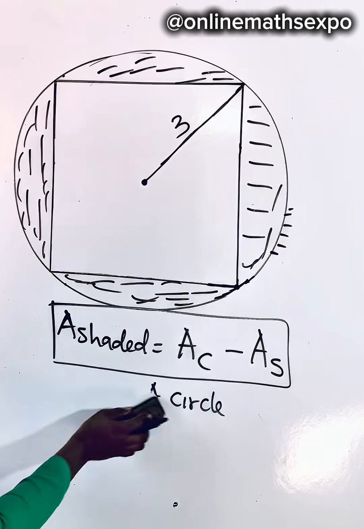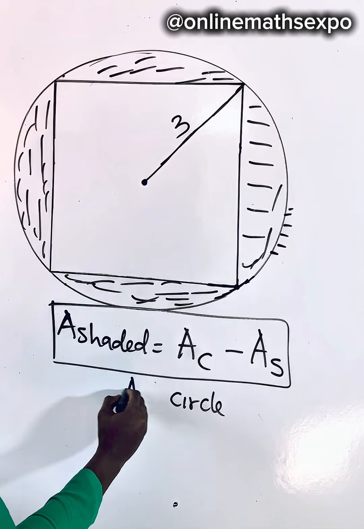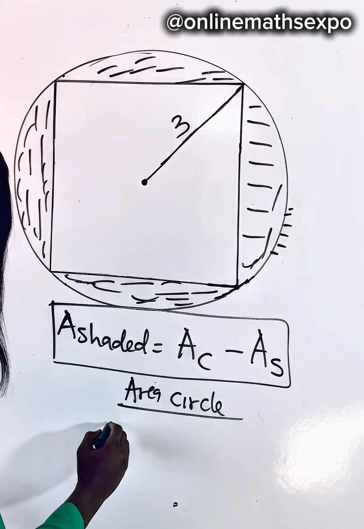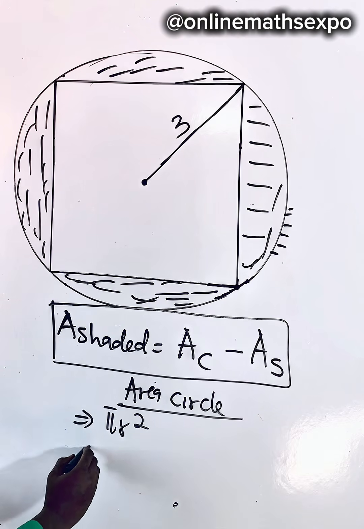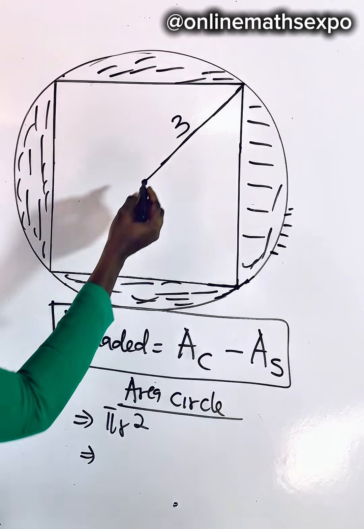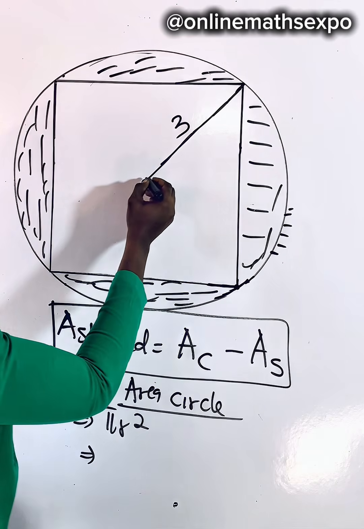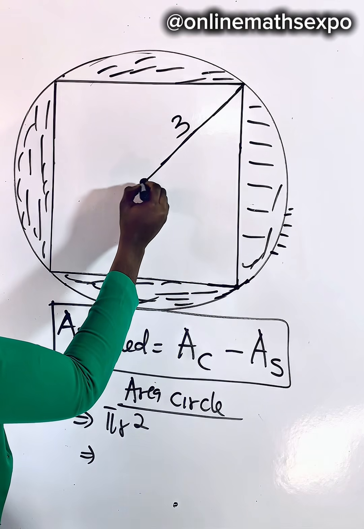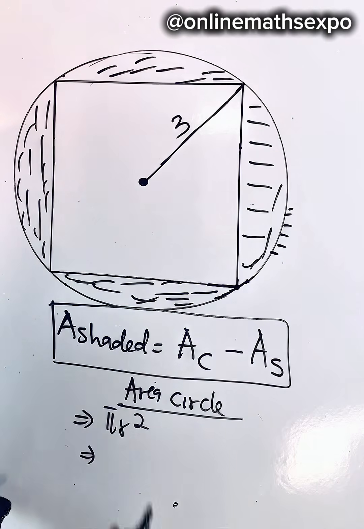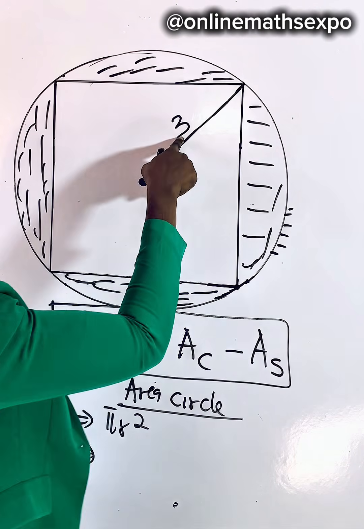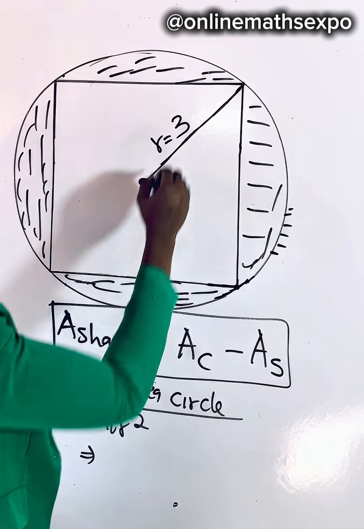To find the area of a circle, remember, we use the formula pi r squared. Remember that from here to here, this is the center of the circle. So the line from the center touching the circumference is the radius. It means that this 3 becomes the radius of the circle.